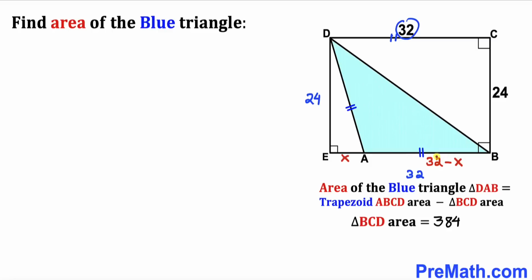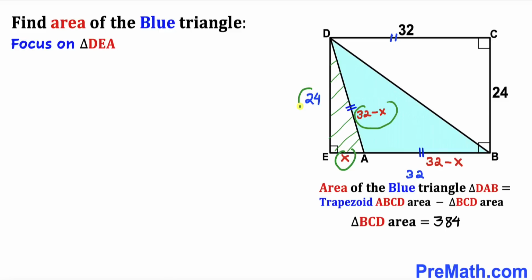And since AB is 32 minus x, side length AD is going to be 32 minus x as well. And here's our next step. Let's focus on this triangle DEA, whose side lengths are x, 32 minus x, and 24.